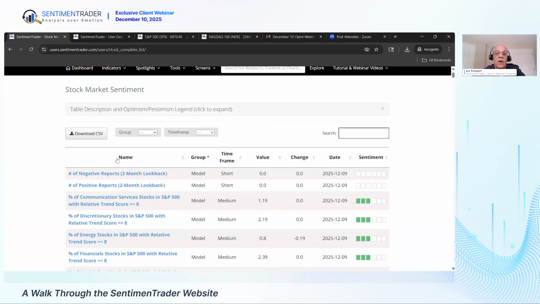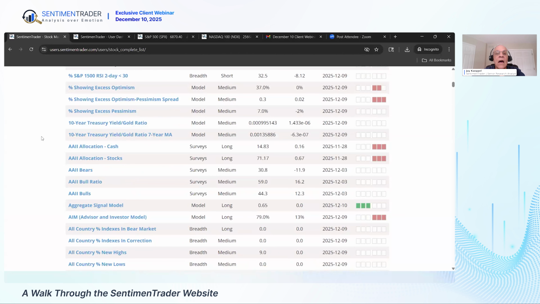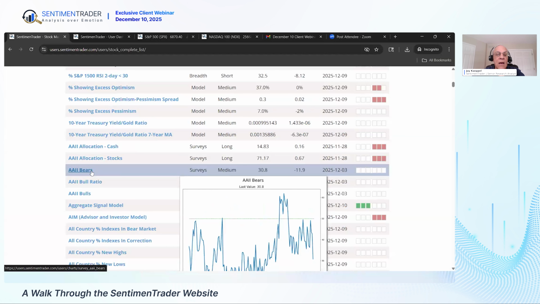The bad news is we have a lot of indicators. If I were to scroll down, I would scroll down about 31 times before I got to the end of this list. So obviously I'm not going to go through every single one. I'm going to highlight some that I look at a lot and use that to show you how to analyze indicators.